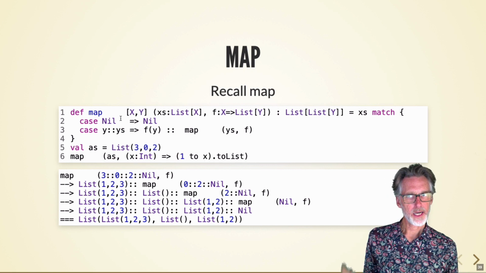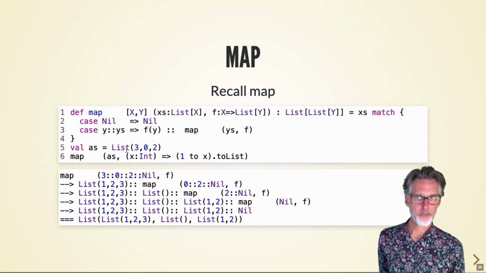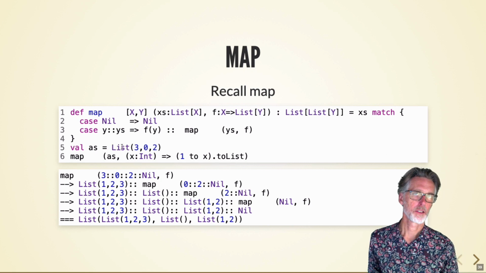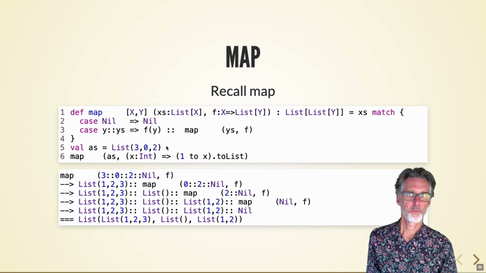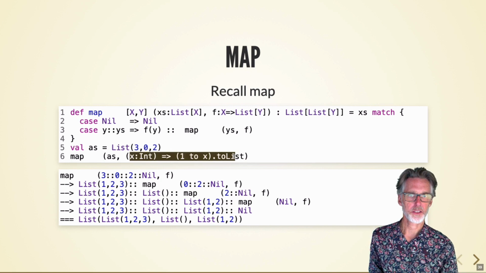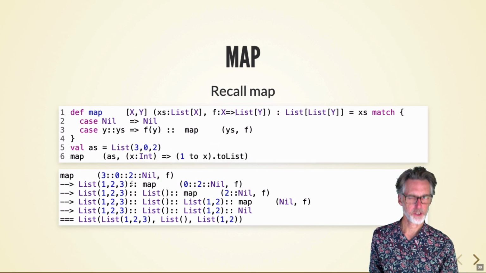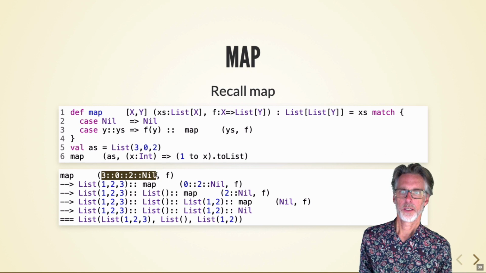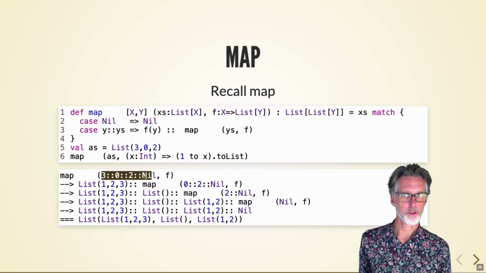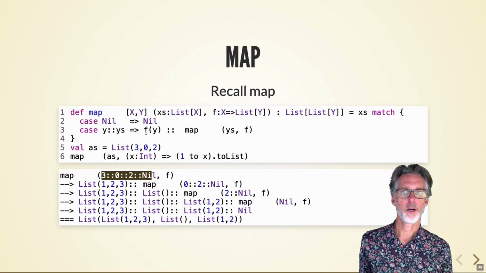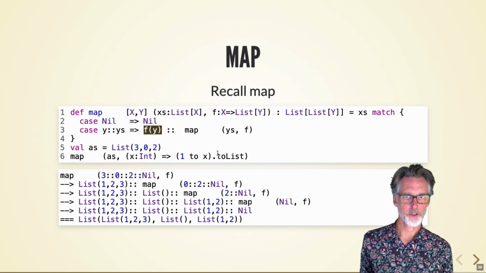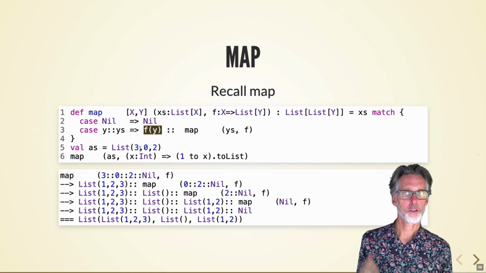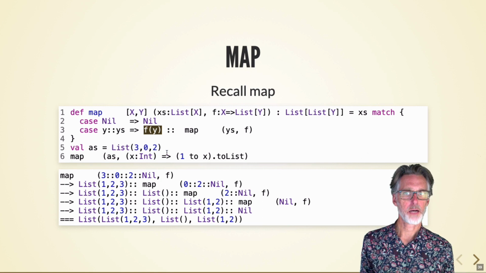I'm going to apply the map function then to this example list with 3 elements, 3, 0, and 2. And we'll just take f to be this anonymous function and watch how it executes. So we'll start with the list 3, 0, 2. We'll apply, of course, the function f, that's our anonymous function here, first to 3. That will create the list 1, 2, 3.